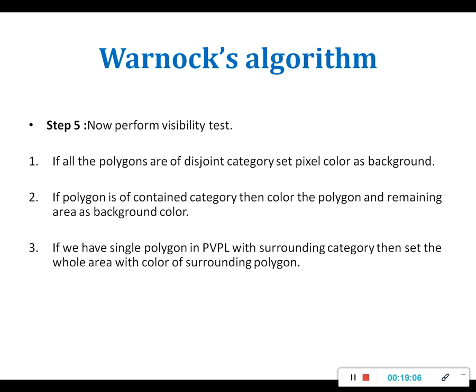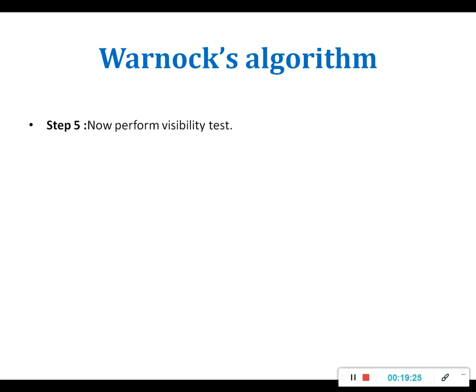Next, if we are getting a single polygon in the PVPL with the surrounding category, then set the whole area with the color of the surrounding polygon. That is also something we have seen at the start of this PPT: if the polygon is surrounded, then that screen gets the color of the surrounding polygon.